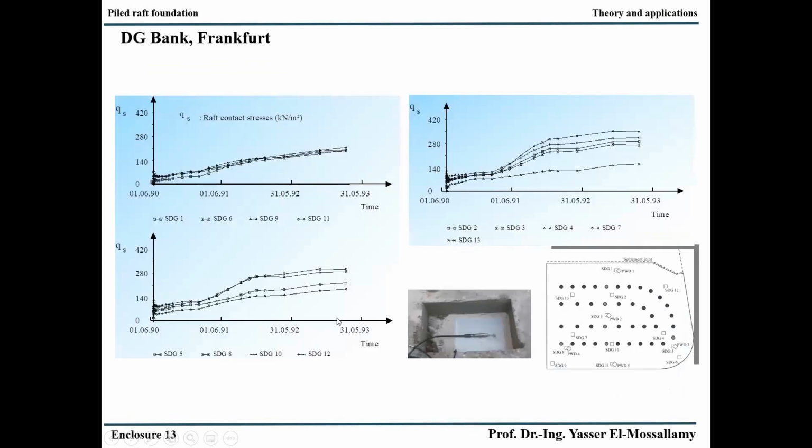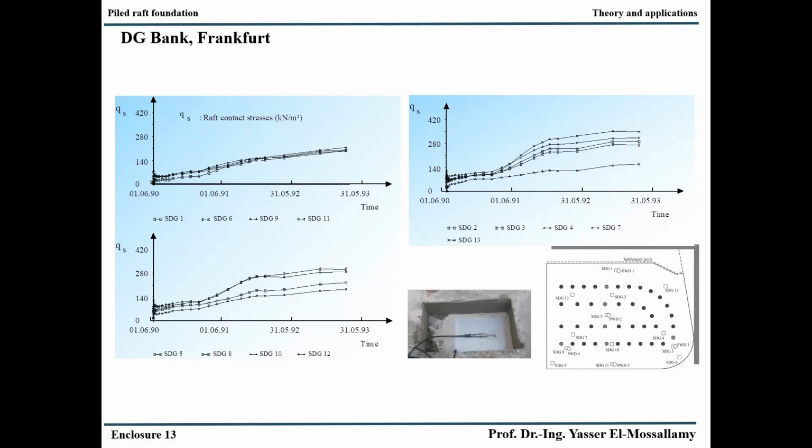This is how we can measure the contact stress between the raft and soil using pneumatic load cells that were developed in Germany, and they are now used worldwide in similar projects. And you can see that we measure here contact stress between the raft and the soil up to about 420 kilopascal. 420 kilopascal in clay.